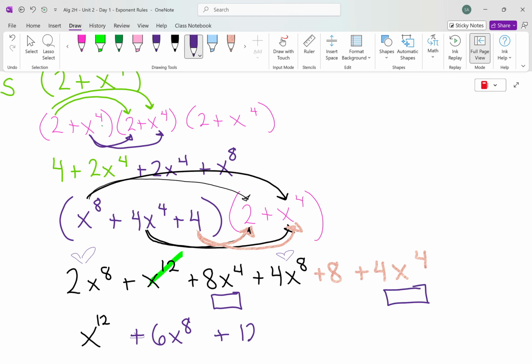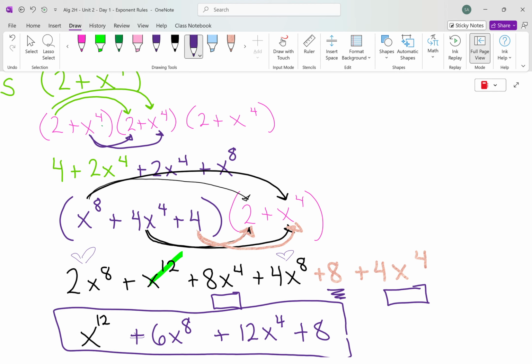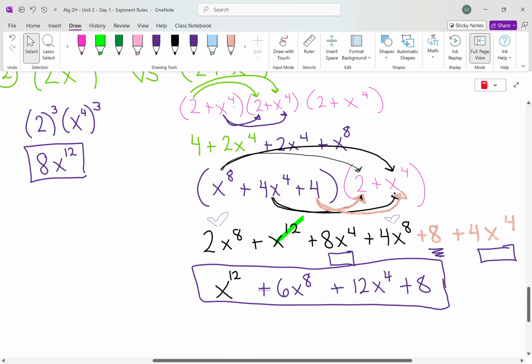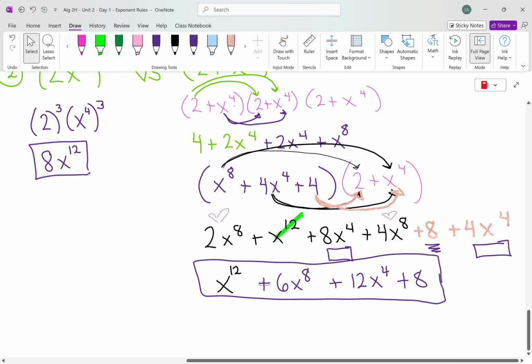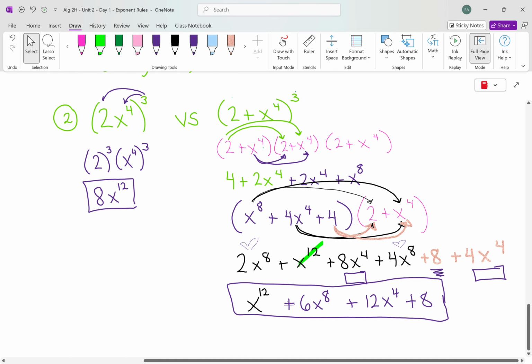And then I have 8x to the 4th and 4x to the 4th, which gives us 12x to the 4th. Anything match with the positive 8? No, so plus 8. This is very different than 8 plus x to the 12th, isn't it?